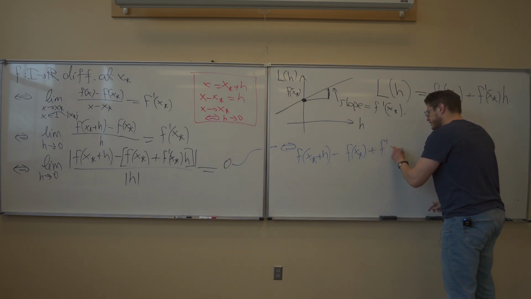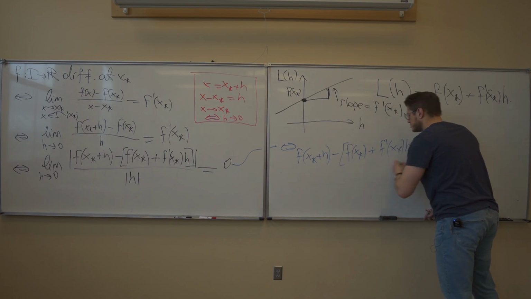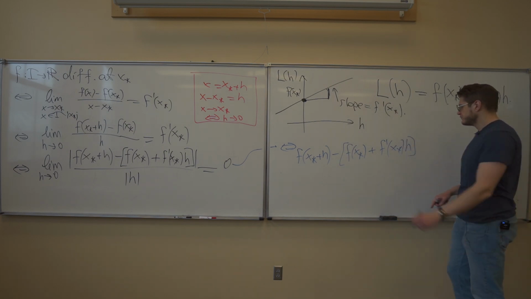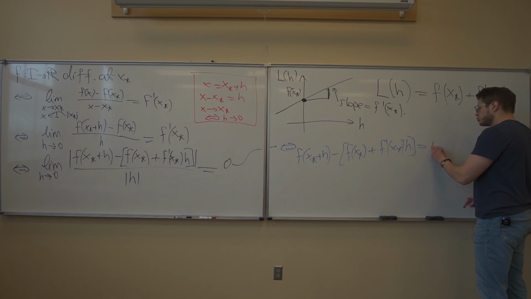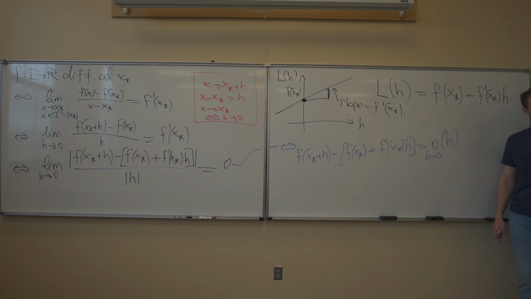Plus f prime of x star times h in brackets. This is the numerator. I'm just going to say this is equal to lowercase o of h as h goes to 0. So this is what is called the little o notation.